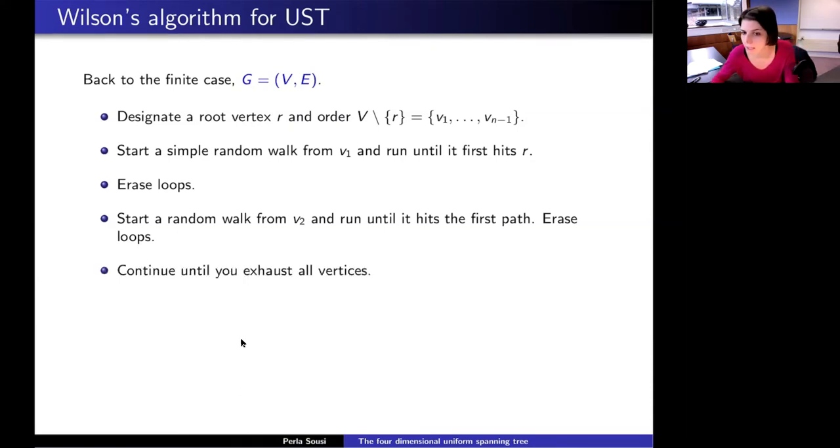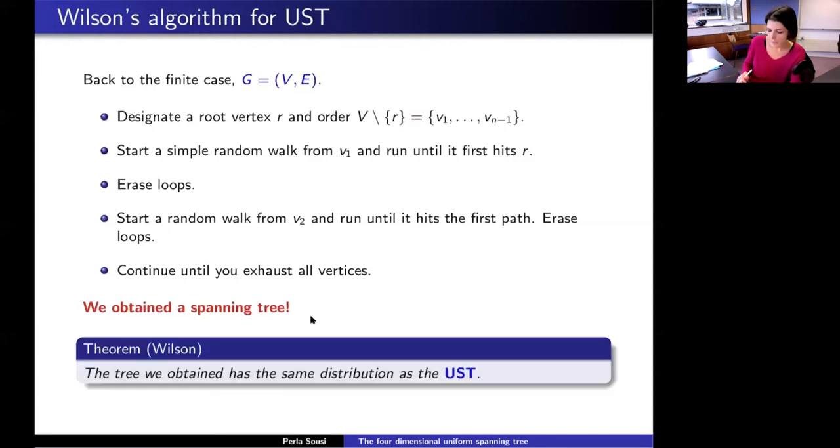And we keep going until we exhaust all the vertices of V minus R. And so in the end, it's obvious that what we got is a spanning tree, because by construction, we haven't created any cycles. But what is remarkable is that the distribution that we get is that of a uniform spanning tree. And this is what David Wilson proved. And what is amazing is that the distribution does not depend on the choice of the root vertex or the ordering of V minus R.